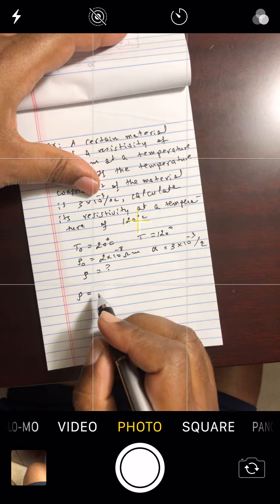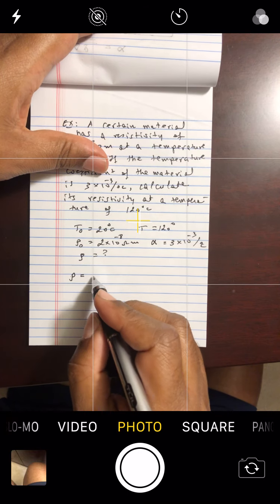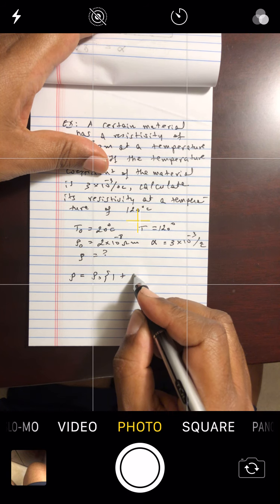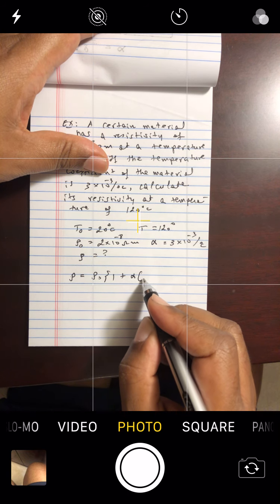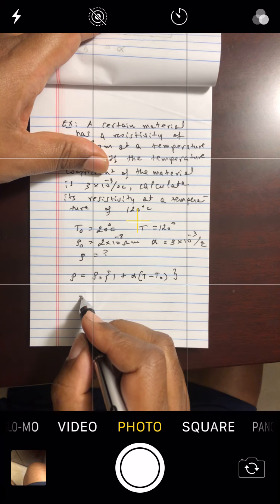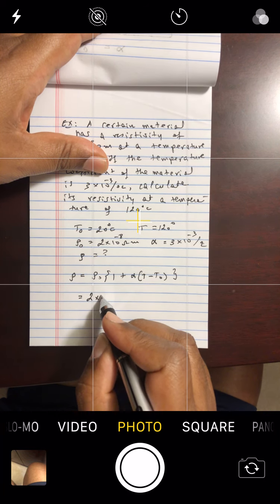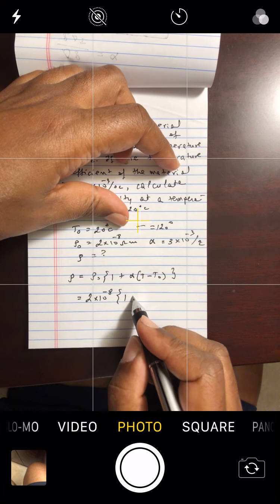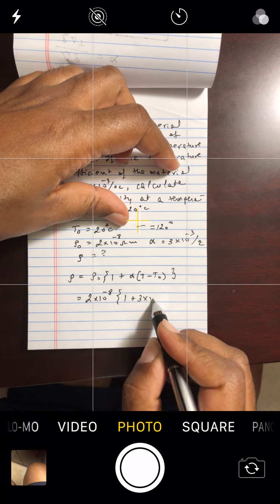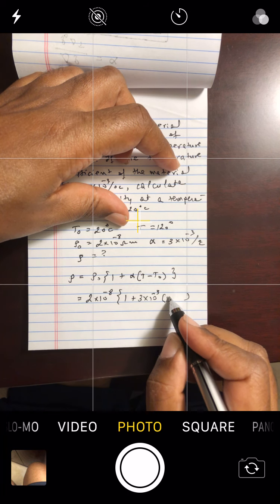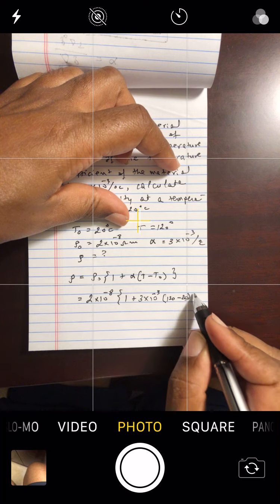So we have resistivity equals initial resistivity times 1 plus the temperature coefficient of resistivity times the change in temperature. This is 2 times 10 to the power of -8, times 1 plus 3 times 10 to the power of -3, times the change over here, 120 minus 20.